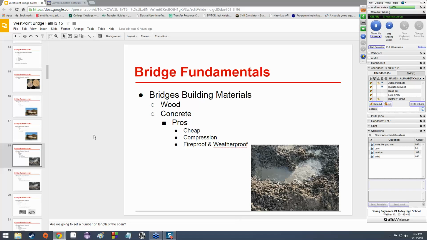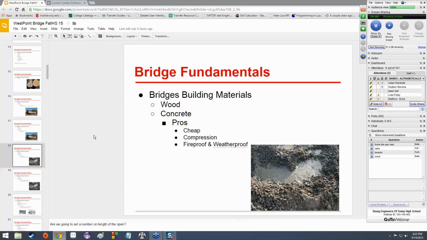On the other side, another type of material we have is concrete. Concrete is pretty cheap. It's not that hard to make. It's basically just made out of dirt and rocks and water and stuff like that. It handles compression pretty well. It's weatherproof. That is to say, it doesn't erode with winds and stuff like that necessarily.